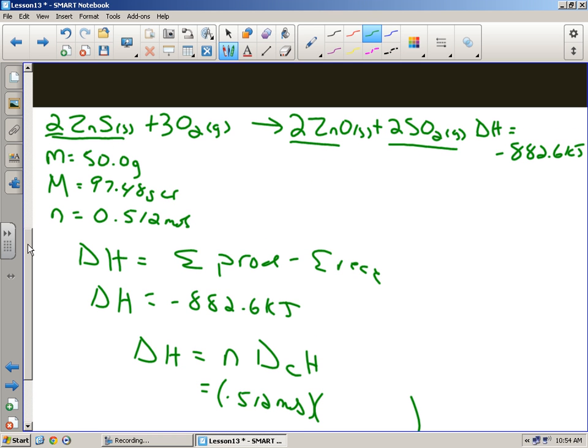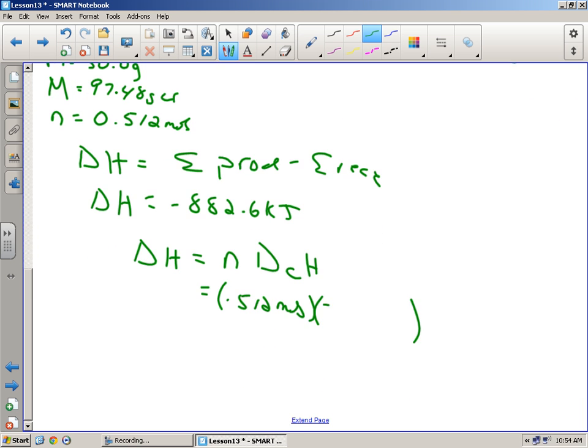I had to figure out delta H, and I know that 2 moles gives me that. Well, how much does 1 give you? Well, it's 882.6 kilojoules for 2 moles of zinc sulfide, right? And if I divide that out, you can put in there, obviously, a negative 441.3 kilojoules per mole of zinc sulfide that I burn, which would also be acceptable.